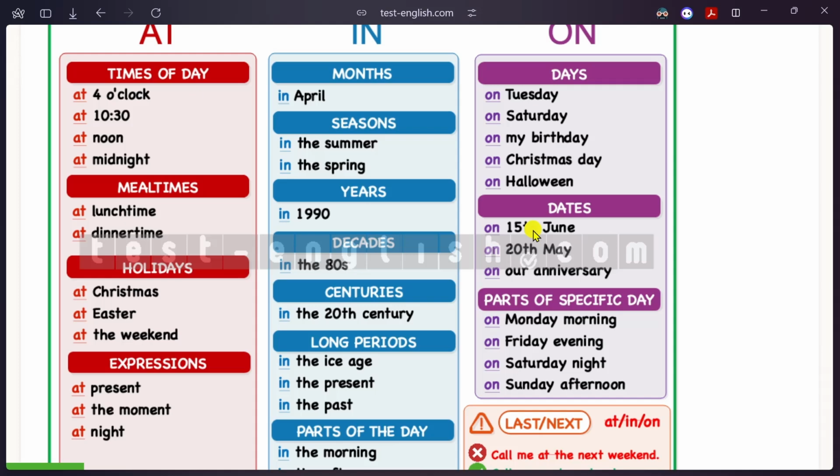So on 15th June. In English they put the day first. Very often, I think Americans put June first, on June 15th, and then the year.